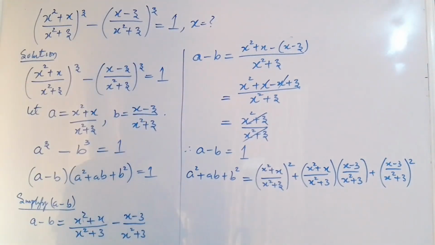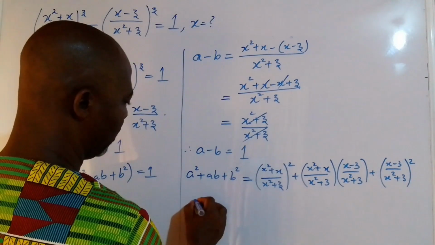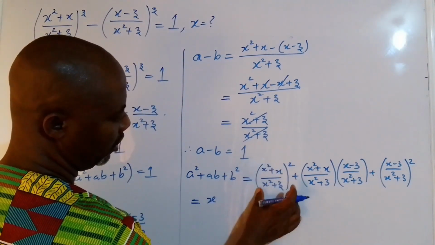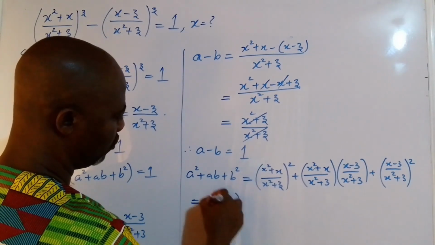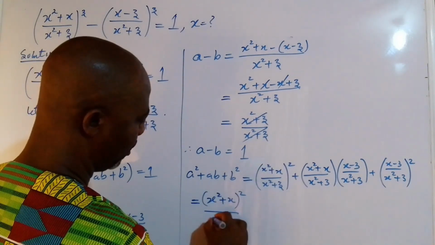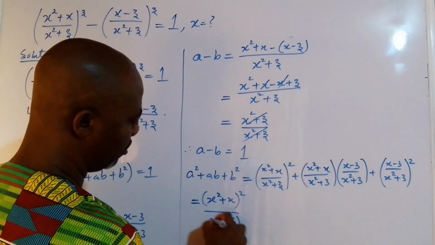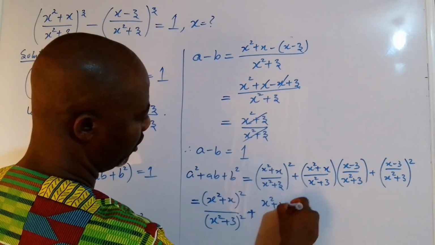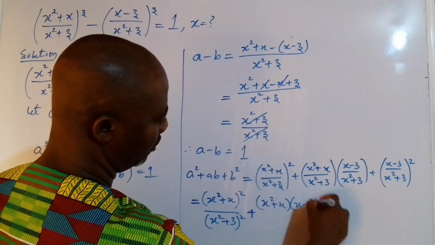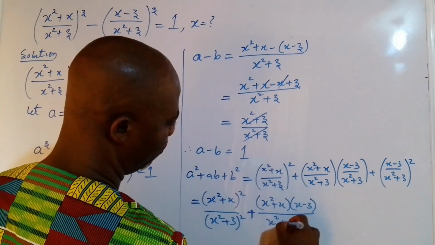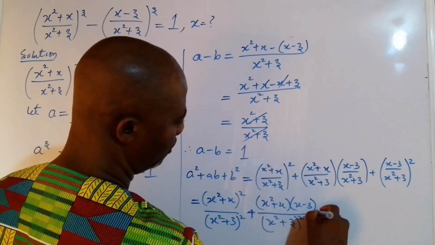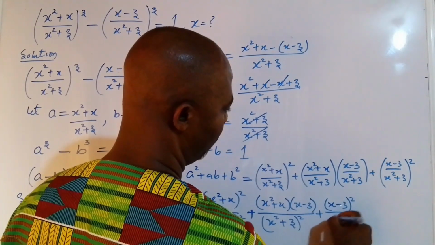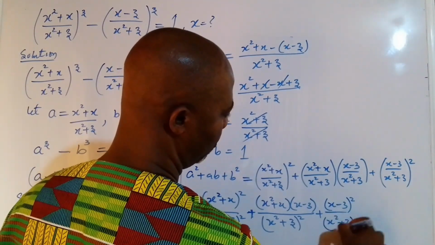Alright, so once this is done, we go ahead and further simplify the whole thing. So this one will give us (x squared plus x) squared all over (x squared plus 3) all squared, plus (x squared plus x) times (x minus 3) all over (x squared plus 3) all squared. Then finally we are going to get (x minus 3) squared all over (x squared plus 3) all squared.